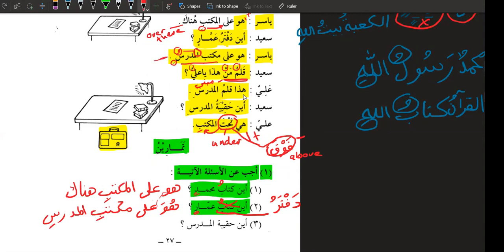This sentence. طيب زكريا. أين حقيبة المدرس؟ نعم الجواب. Where's the bag of the teacher? هي تحت المكتب.